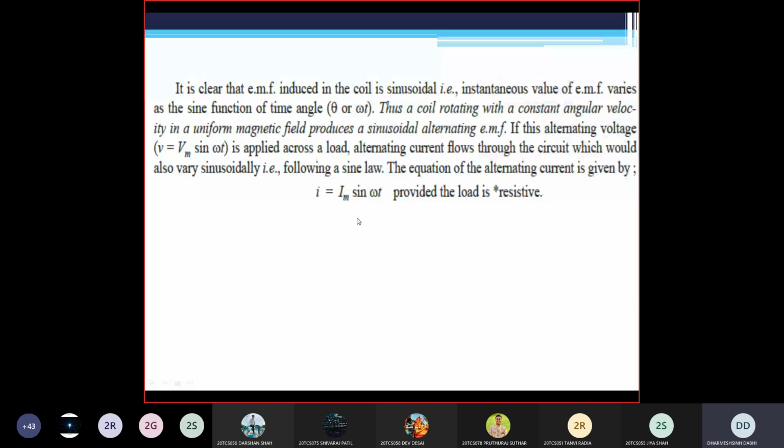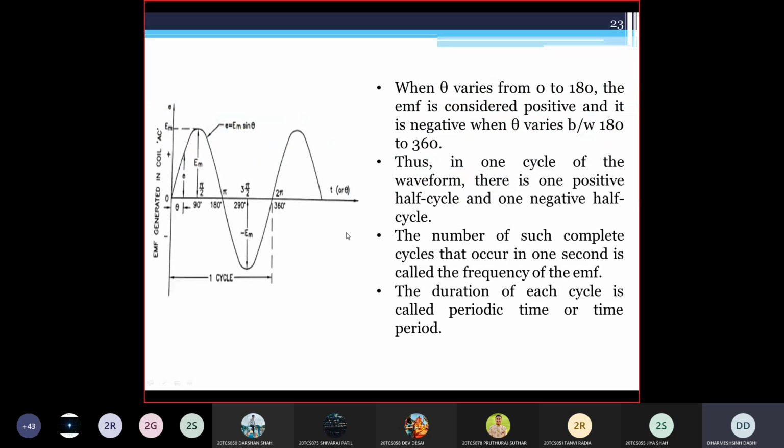You can represent that by the equation I = Im sin omega t. Here Im is nothing but Vm divided by R, where R is the resistance of the load circuit. So Im is nothing but Vm divided by R.